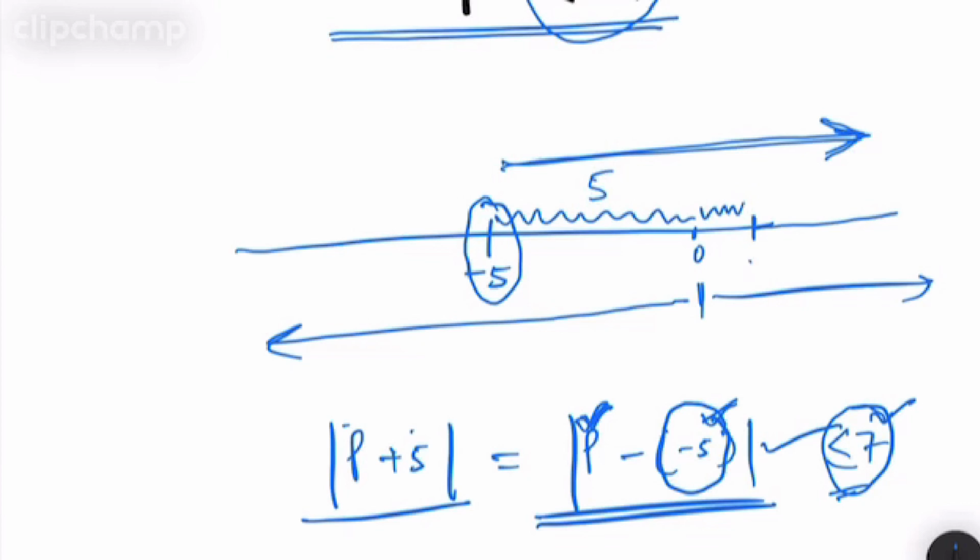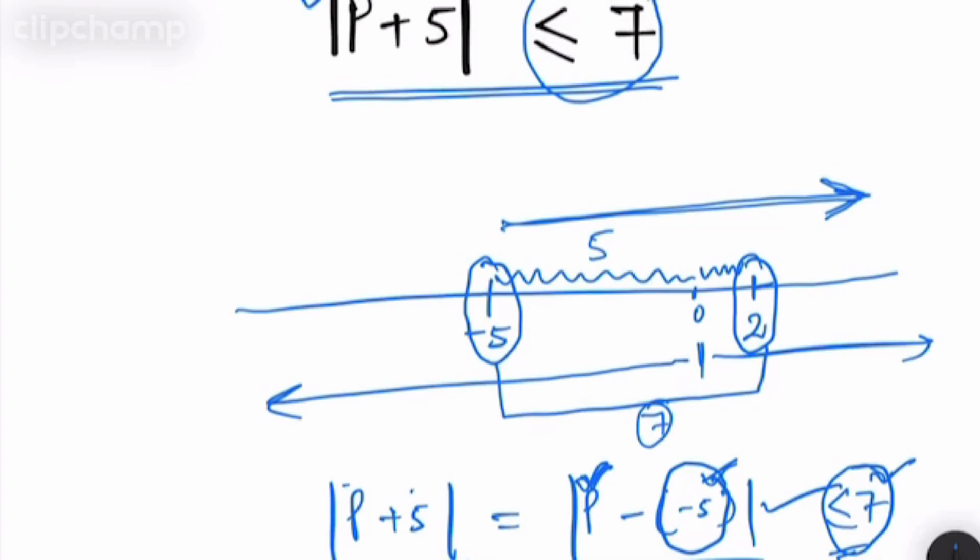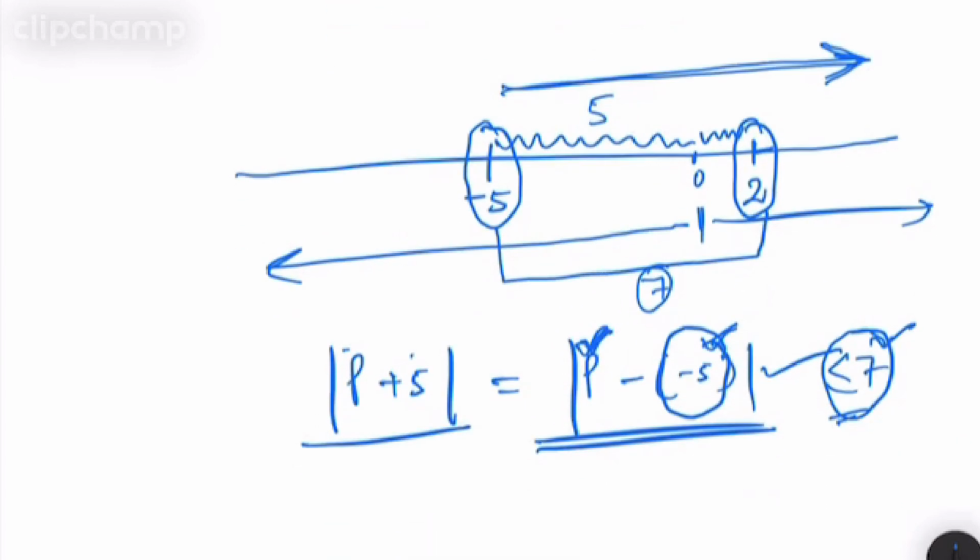So this is our number 2. This distance is our 7. So the requirement is that the distance of p from minus 5 should be less than or equal to 7.